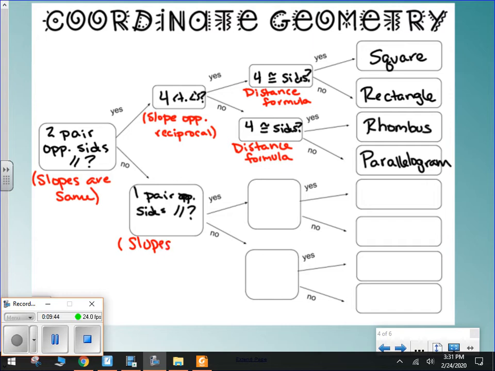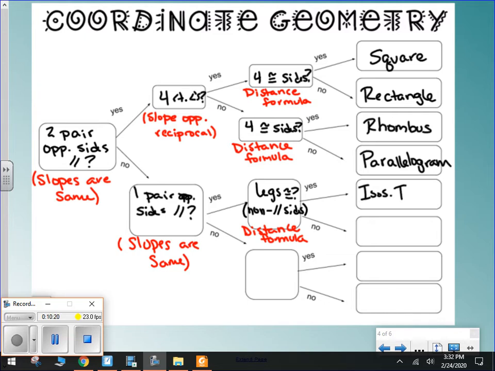If you do have one pair of opposite sides parallel, you're going to ask yourself if the legs are congruent. When I talk about legs, I'm talking about the non-parallel sides. Again, because we're talking about length, you're going to use distance formula. If you do have legs congruent, then that's going to be an isosceles trapezoid. If you don't have legs congruent, that's just going to be a regular trapezoid.